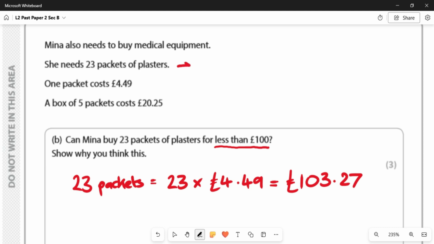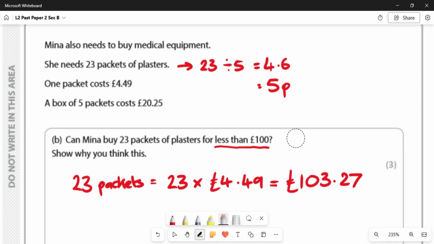Let's double check. 23 divided by 5 is 4.6. So you're going to need 5 boxes, which is obviously going to be 25 packets of plasters, but there's no other way of doing this one.